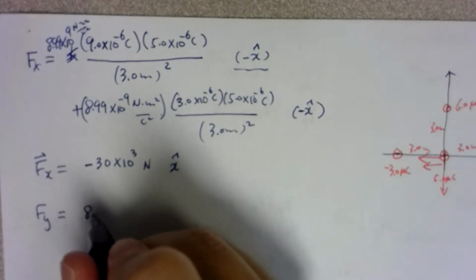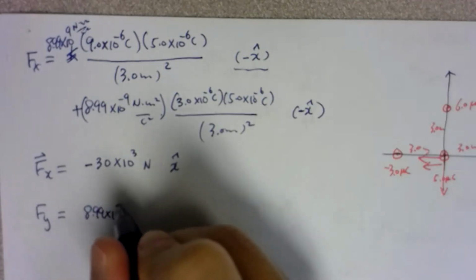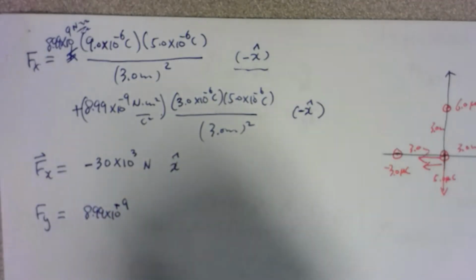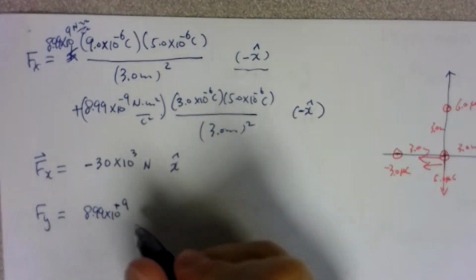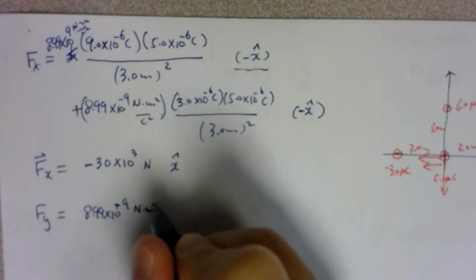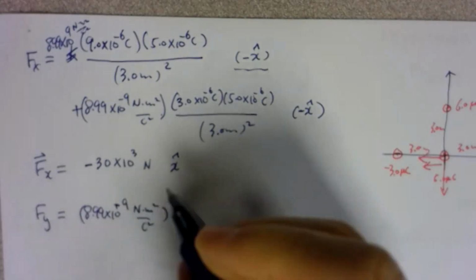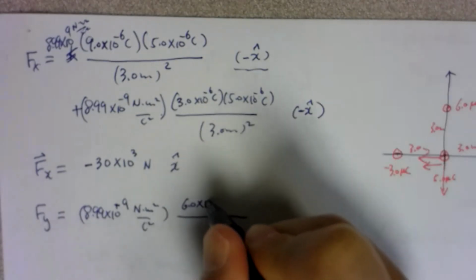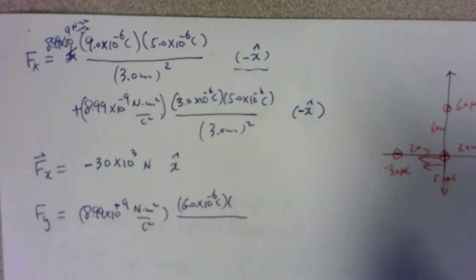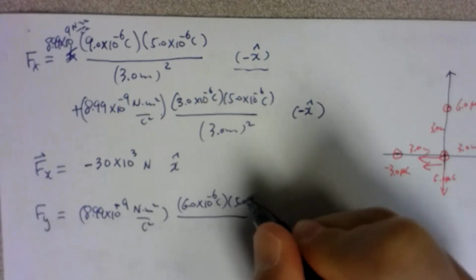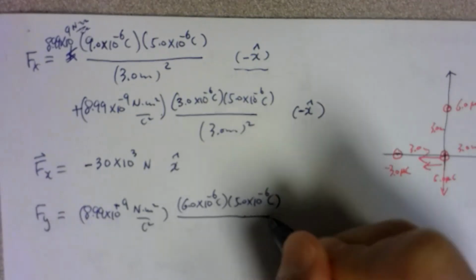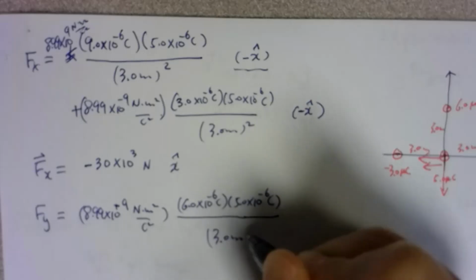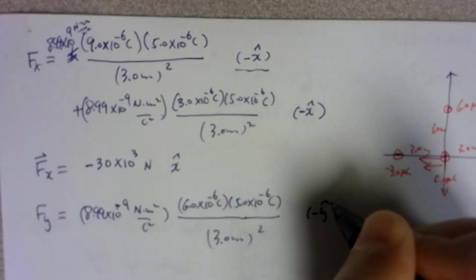So again, K 8.99 times 10 to the positive 9 newton meter squared over coulomb squared, and then Q1 Q2. Q1 is 6.0 times 10 to the minus 6 coulombs, Q2 is 5.0 times 10 to the minus 6 coulombs, divided by 3.0 meters squared. And this is in the minus y direction.